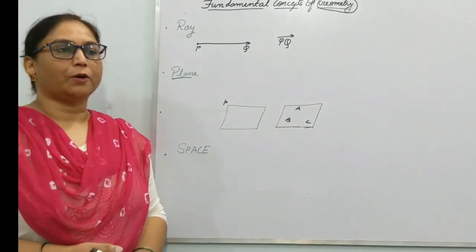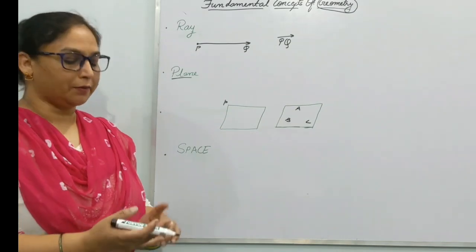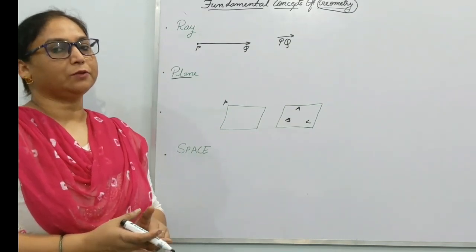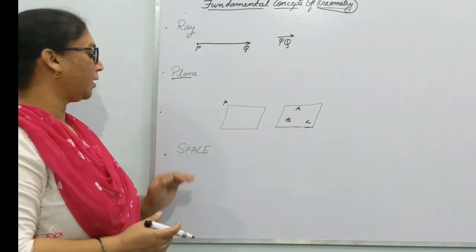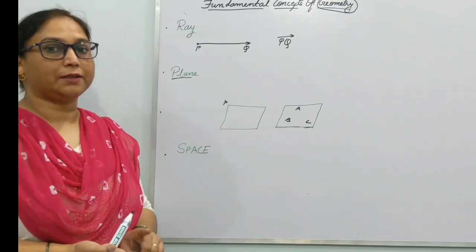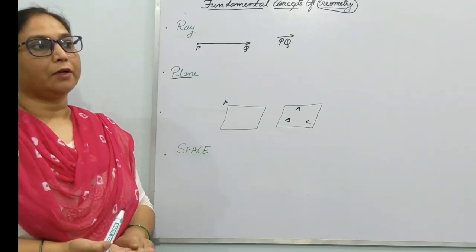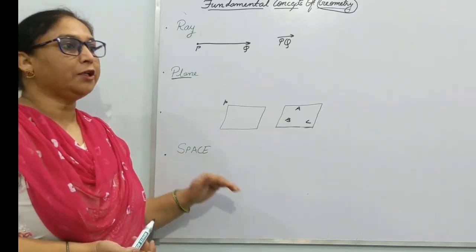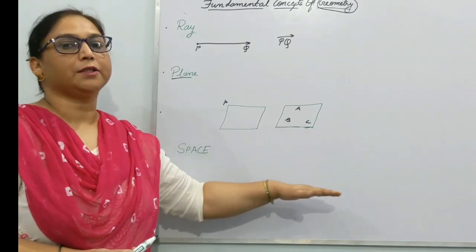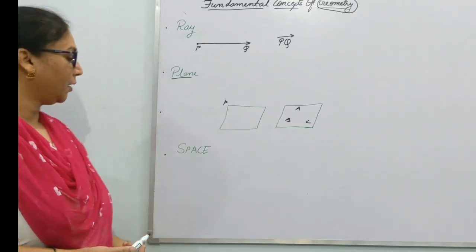All objects, or you can say geometrical objects like points, lines, planes, solids belong to space. So a space has endless length, breadth and height, and it has innumerable points, lines and all other geometrical objects.